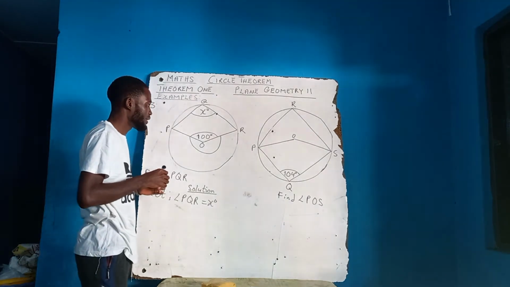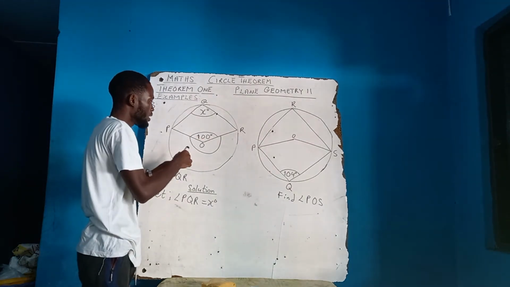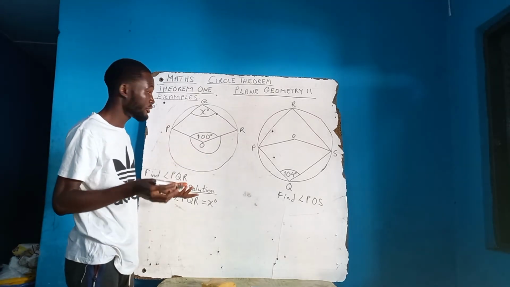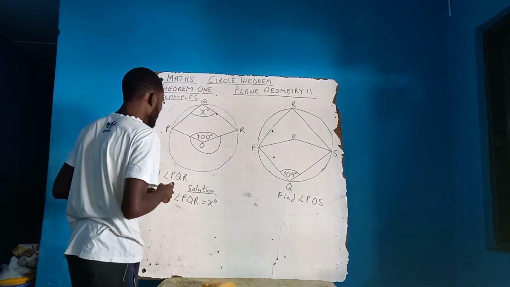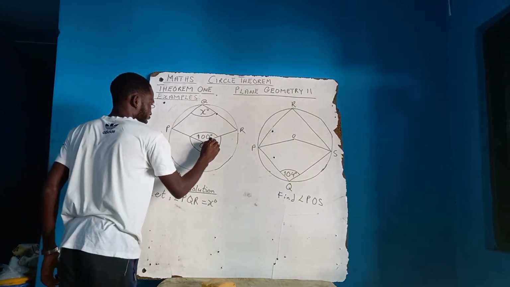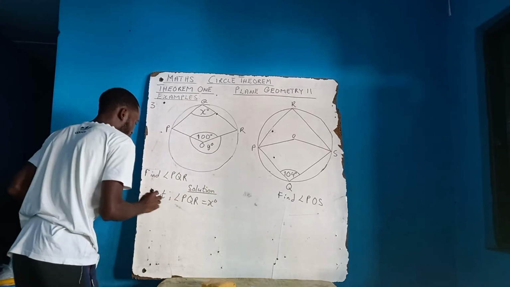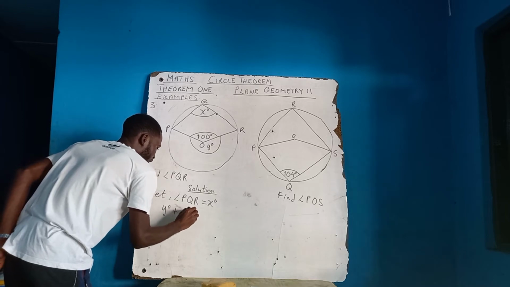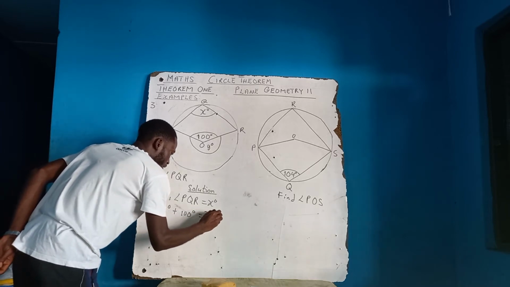Angles formed at a point, specifically at the center, sum up to give you what? 360. So supposing my reflex angle is y, I'm going to have y degrees plus 100 degrees equals 360 degrees.